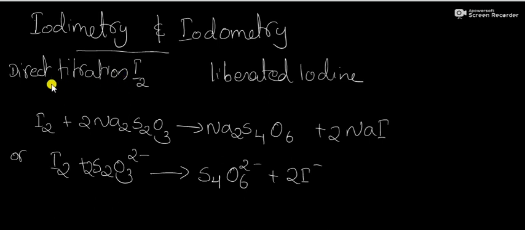Whereas titration of iodine liberated from a chemical reaction with a suitable reducing agent is called iodometry. Both iodimetry and iodometry involve oxidation and reduction reactions. So it is again a redox titration.